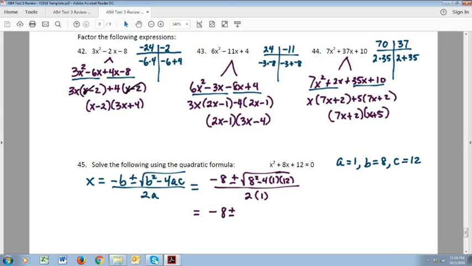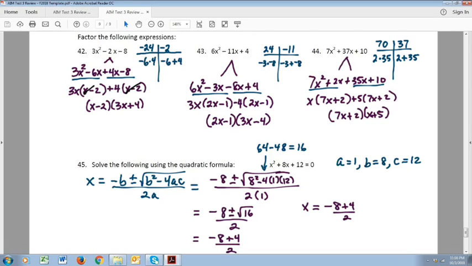So we have negative 8 plus or minus. Now inside here we're going to get 64 minus 48. 4 times 1 times 12 is 48, which is 16. Now keep in mind, it's the square root of this, square root of 16, over 2 times 1. But we know the square root of 16 is 4. And in fact, we got two answers here, negative 8.